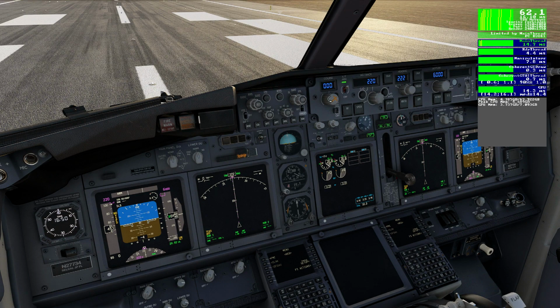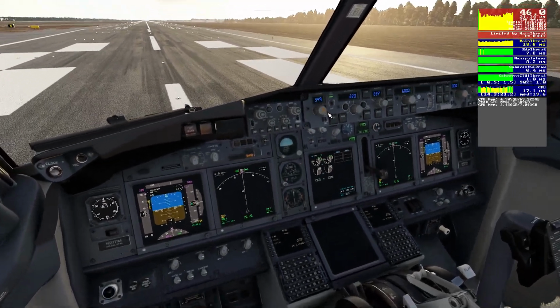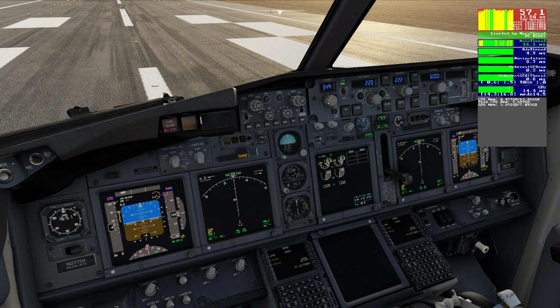And just because we are going to be going to Heathrow, I just want to grab a runway, any runway, let's say 27 left, which should be the 109.5, I think, and that should be 269 on this.